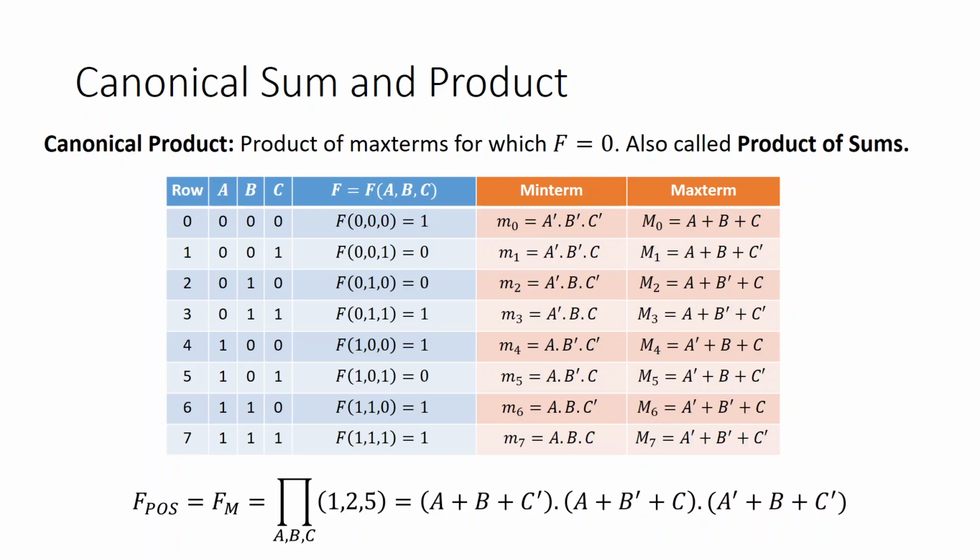You have to do the product of these terms. So this is called the POS, product of sums, and is also sometimes written as F capital M. The symbol is pi because we have to do a product.